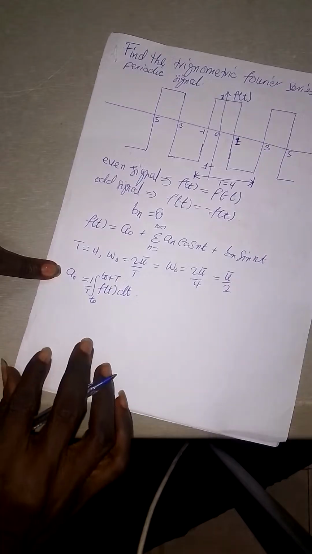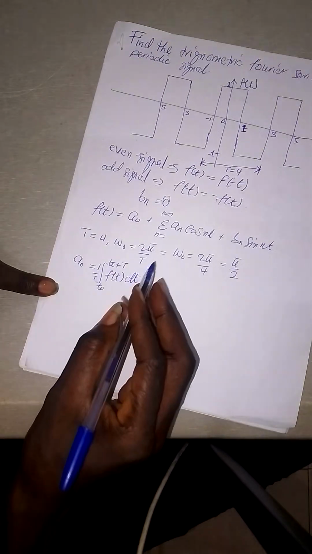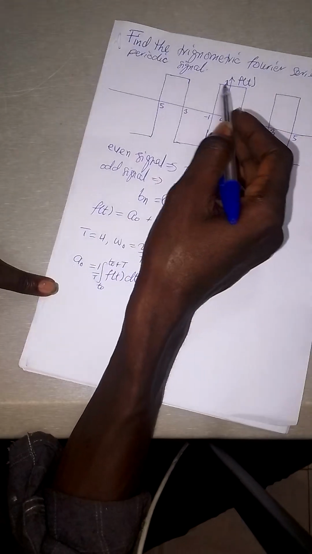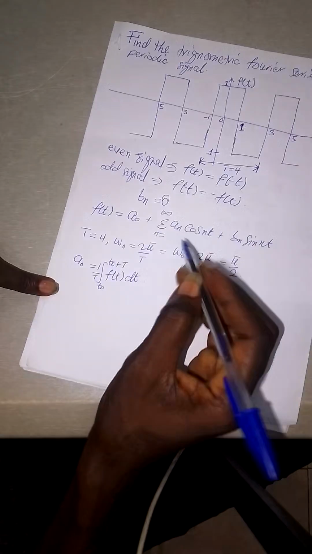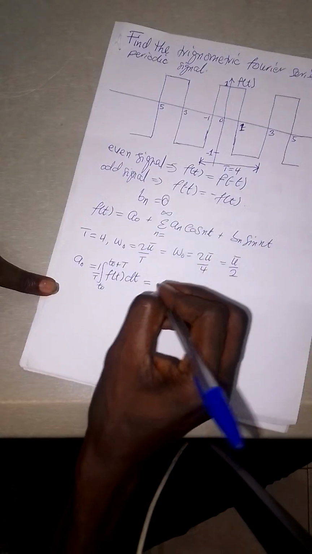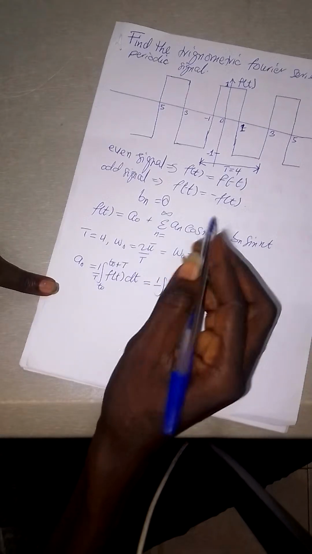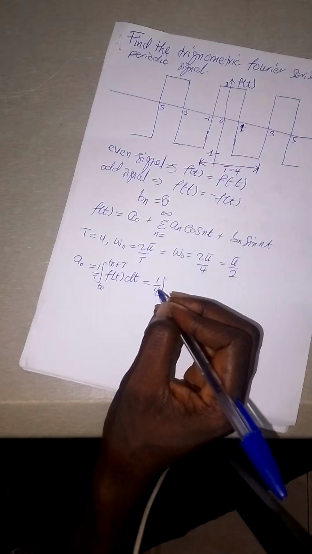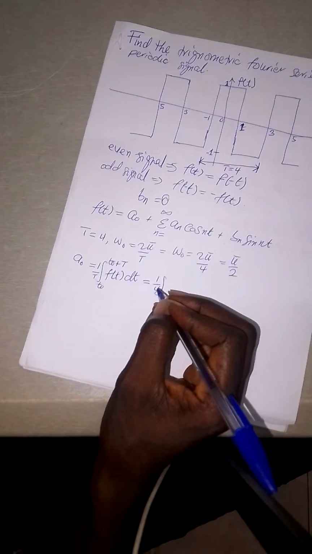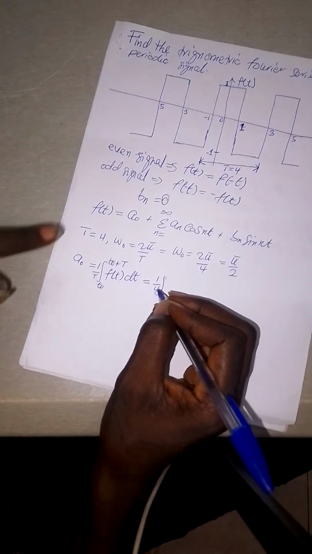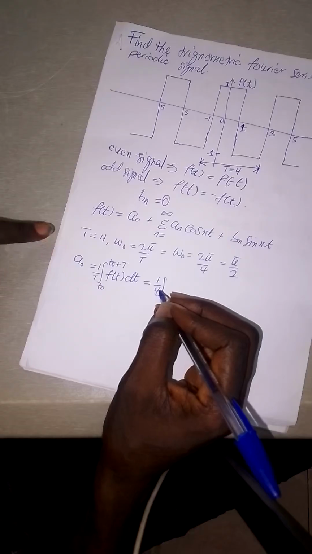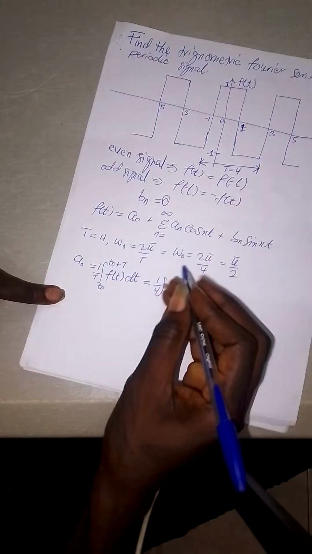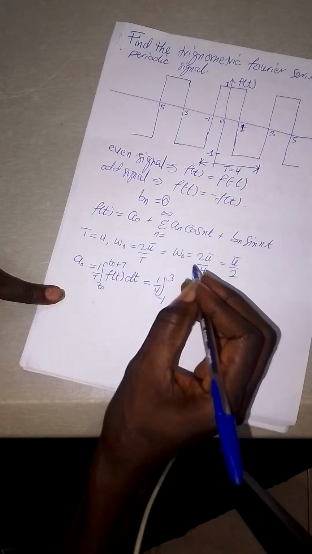Of f of t dt. So let's see the function for this graph. Here the value is 1, so this f of t will be 1. This is equal to 1 over our period, which is 4, times the integral from minus 1 to 3. So I'll put here minus 1 and here 3.